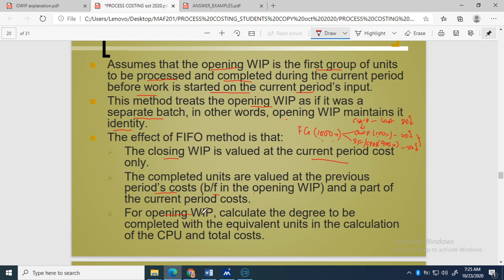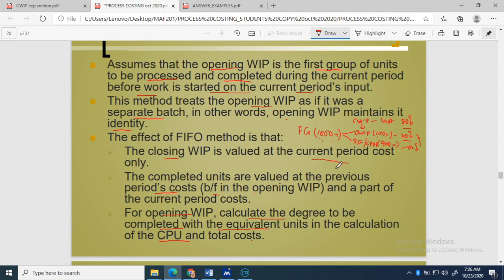For OWIP, we calculate the degree to be completed with the equivalent units in the calculation of CPU for the total cost. So that's why we have to segregate the percentage: how many percent used last period, how many percent this period, because we want to get the CPU, the total cost that is only used for the current period.